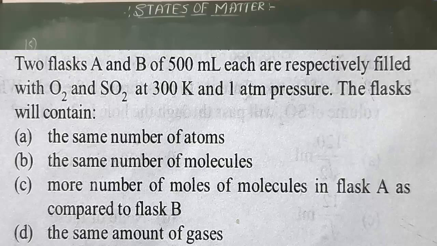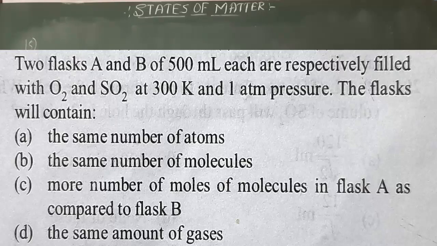So as you know, here the temperature and pressure conditions are similar. The same condition has been maintained. So when equal volumes are there under similar temperature and pressure conditions, there will be an equal number of atoms, molecules or ions.